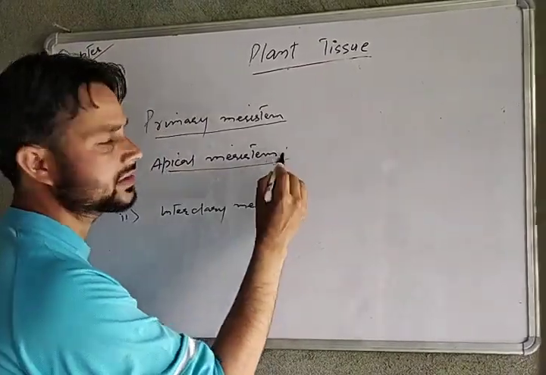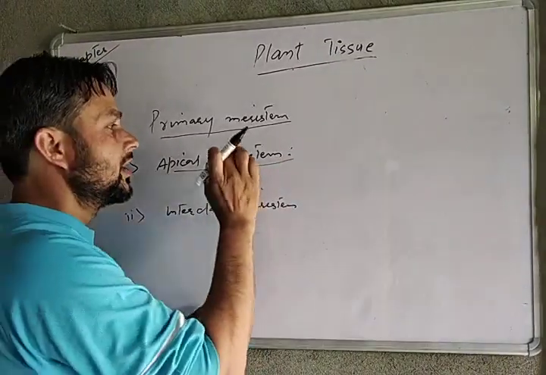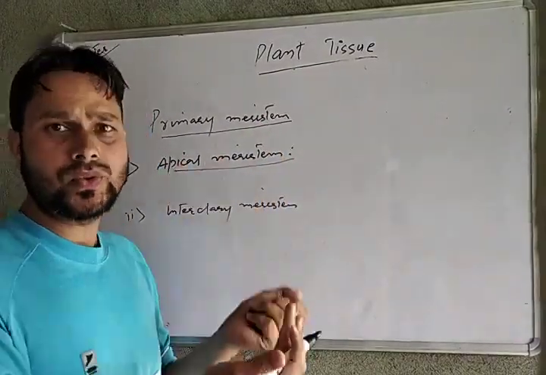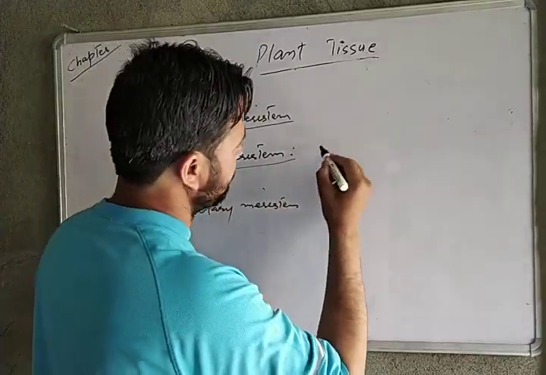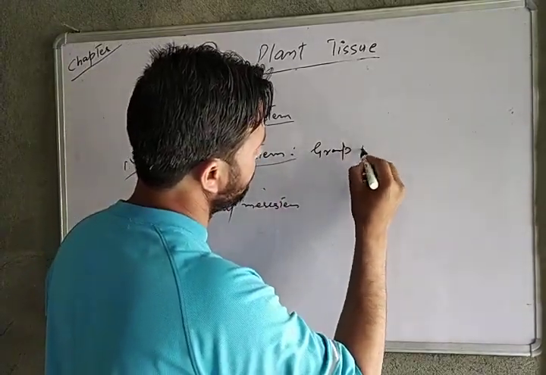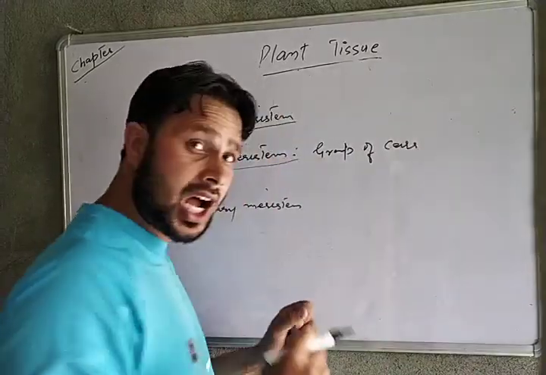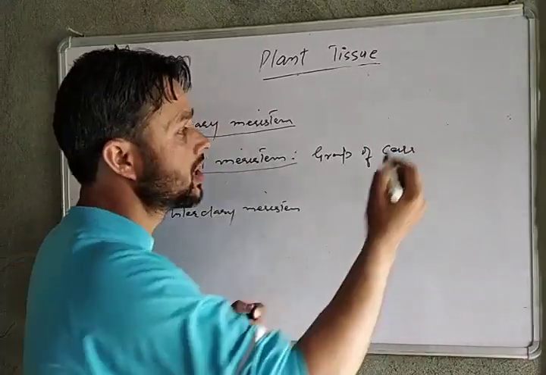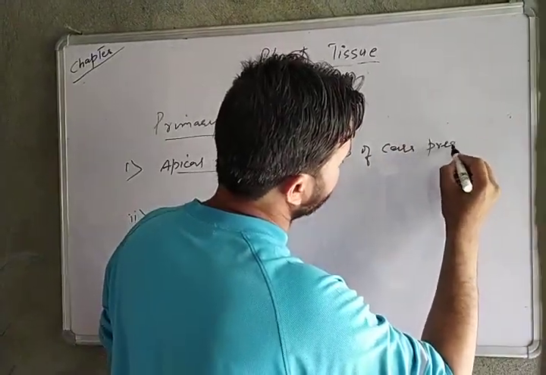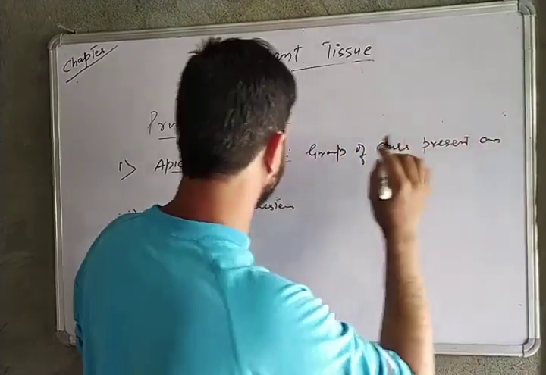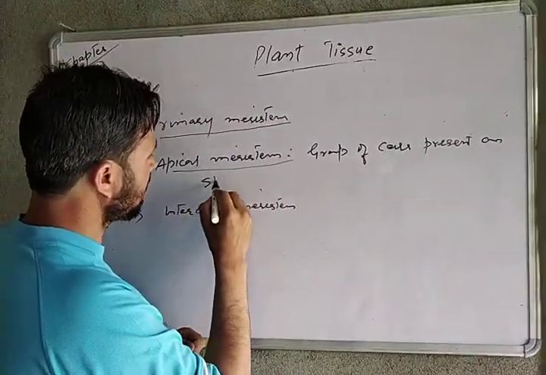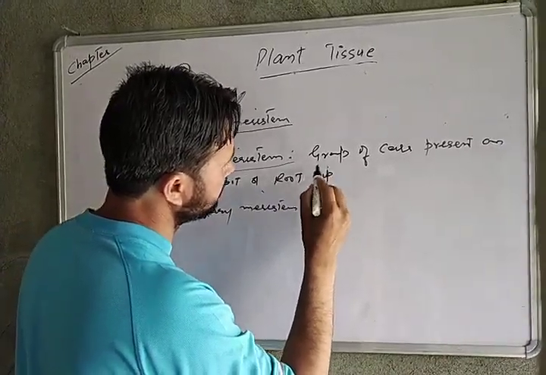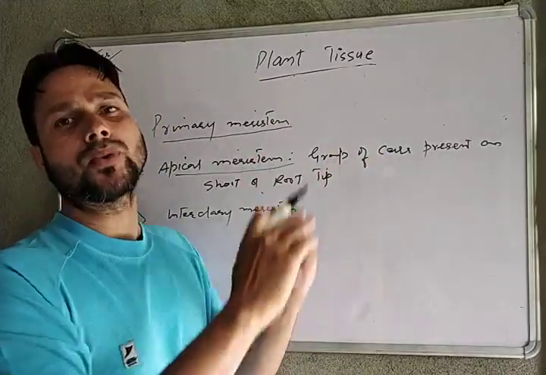What is apical meristem? This apical meristem is a group of cells present at the tip of roots and shoots, a group of cells which have the potential of division, present on the apical portion of root and shoot.